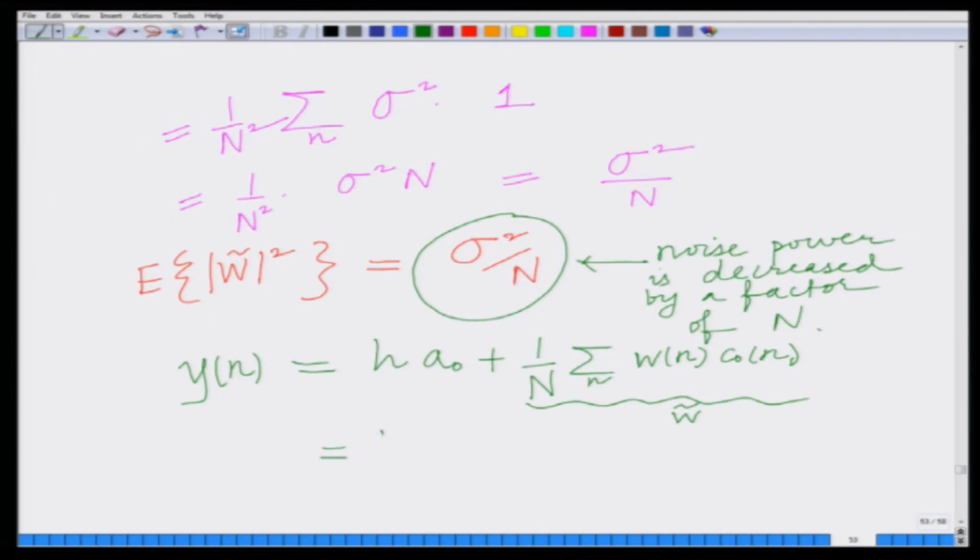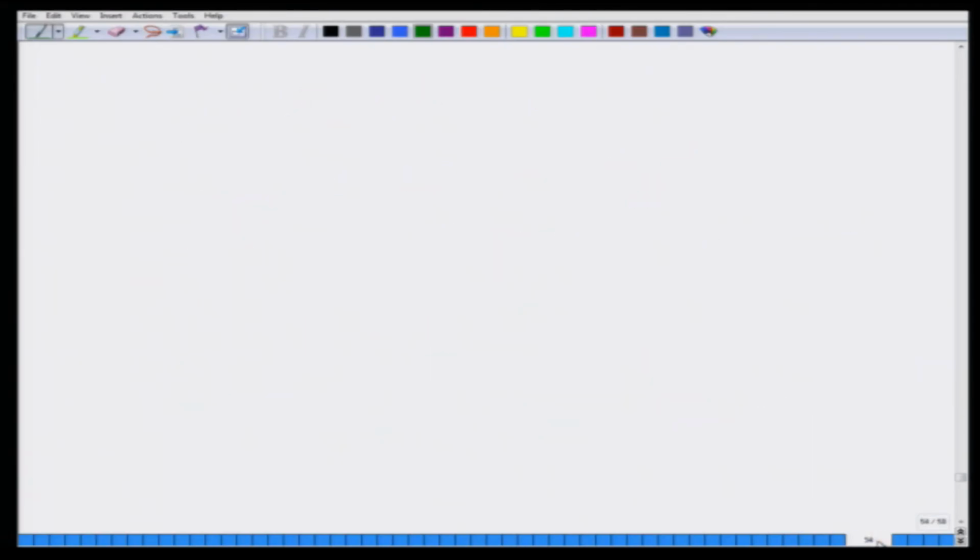So, this is equal to h times a0 plus W tilde, where the variance of this W tilde equals sigma square divided by N. Now, let us look at the signal power.